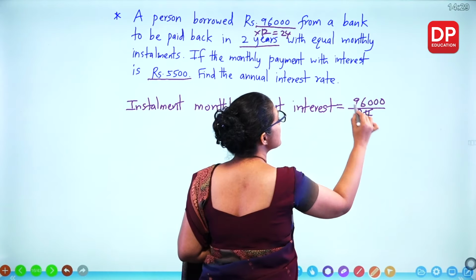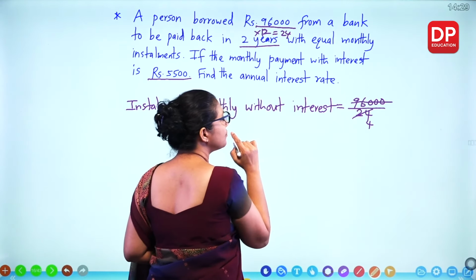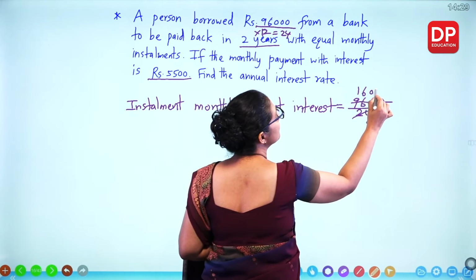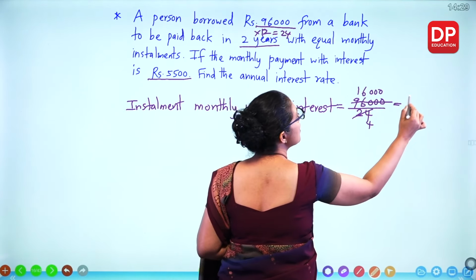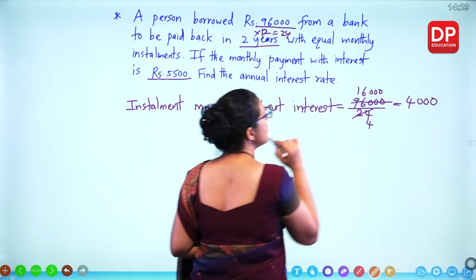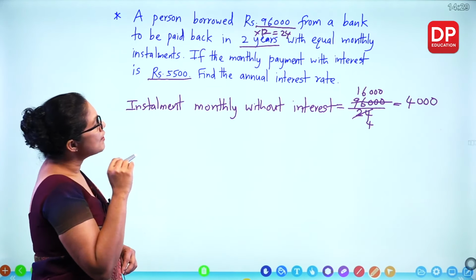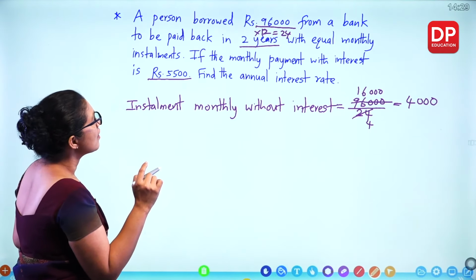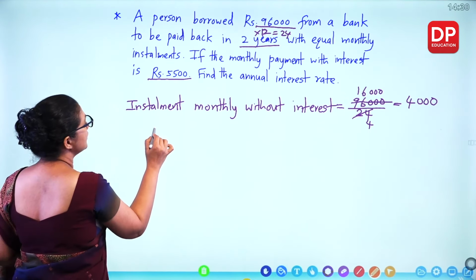Divide by 6. Divide by 4. So you get 4,000 rupees. Then what's the next step? What's the monthly interest?